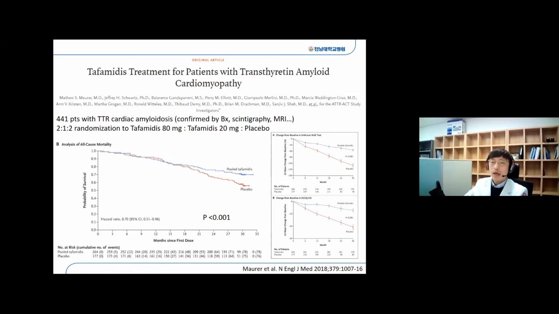So we now have an effective treatment for TTR type cardiac amyloidosis. So the accurate diagnosis is important to initialize the medical treatment for those patients.